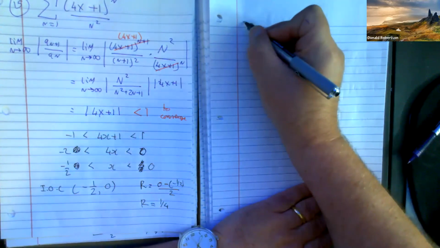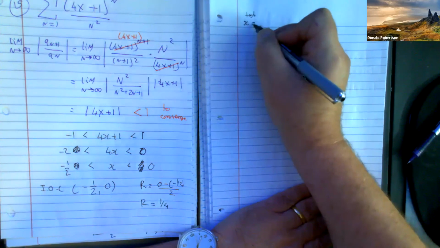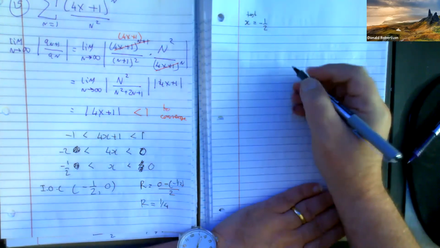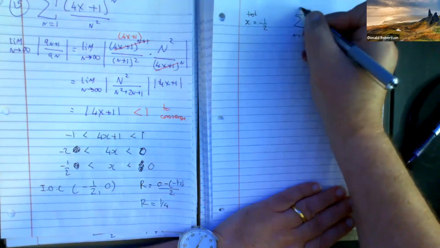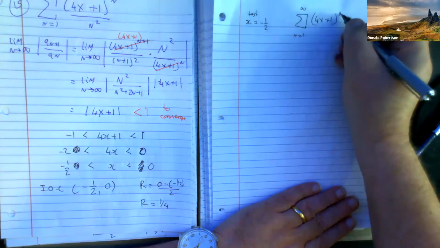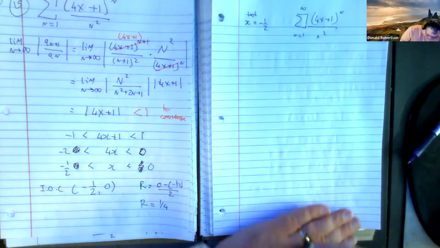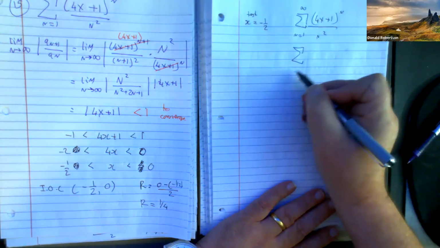So we have to test our endpoints. So I'm going to test x equals -0.5. And the guy that we've got is the sum from n equals 1 to infinity of (4x plus 1) to the n over n squared. Now, if you plug in -0.5 here, let's see what you get.